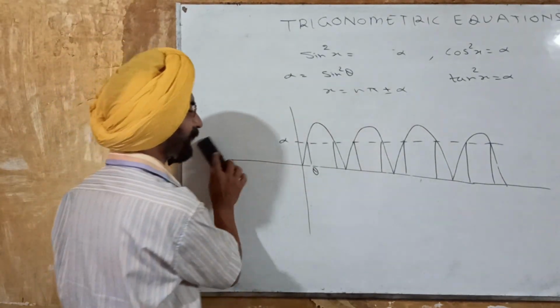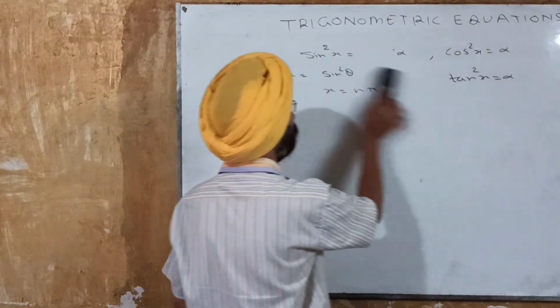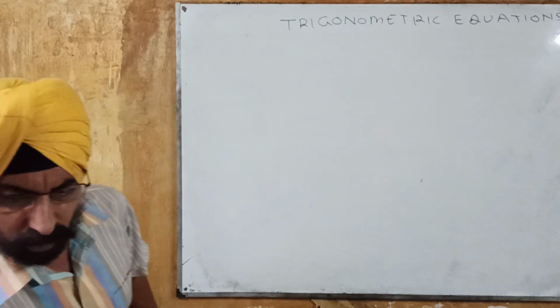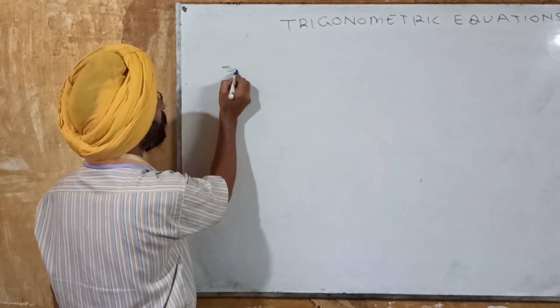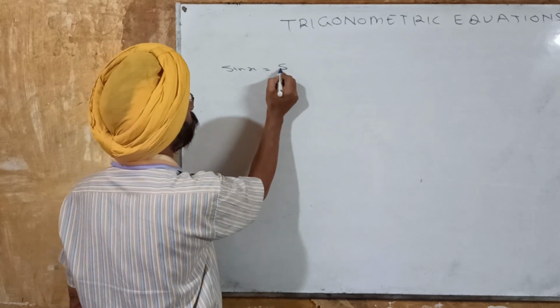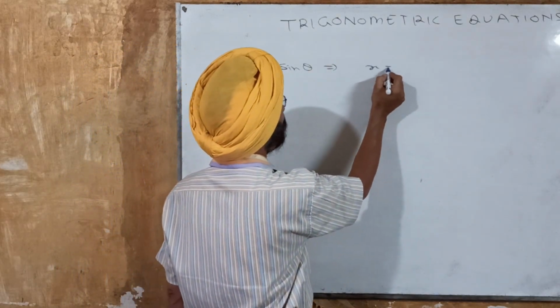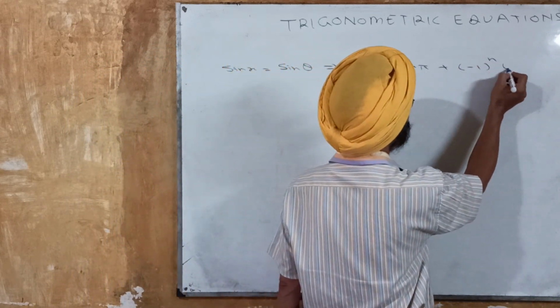So first we'll make the table and then we'll solve the questions. What are the results you have obtained? If sin x is equal to sin theta, then the general solution is x is equal to n pi plus minus 1 raised to the power n theta.